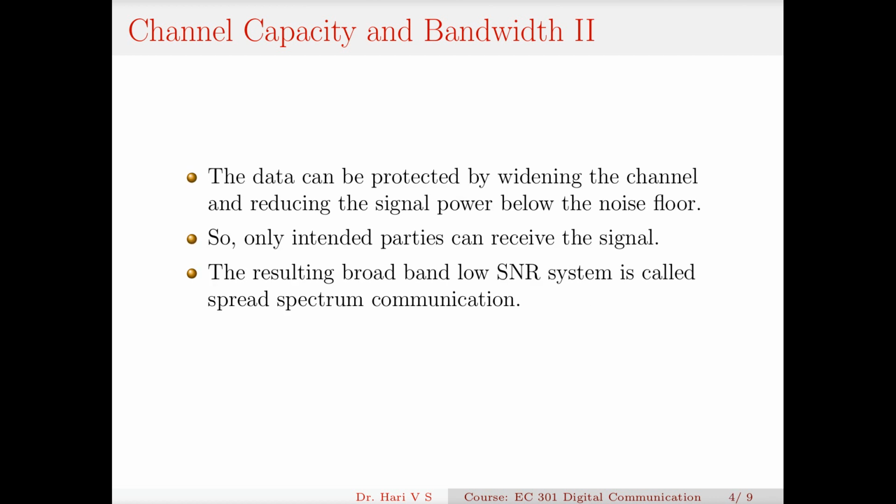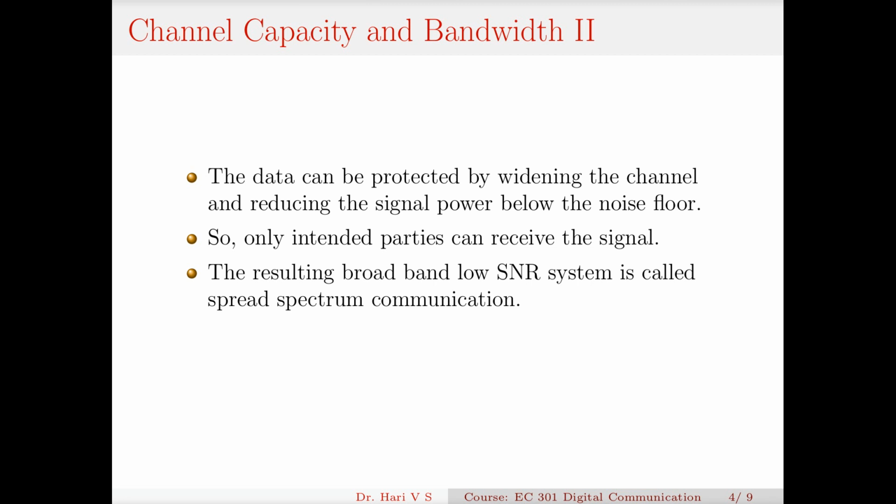So only the intended party can receive. When I transmit data, I intend the transmission for my friend alone. But my enemies also try to listen to this. While my message is going through the channel, they send jamming signals and try to snatch my data, which I cannot allow. So that data can be protected by widening the channel. I pay for a large bandwidth and then I reduce the signal power below the noise floor.